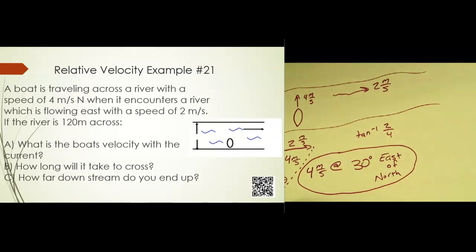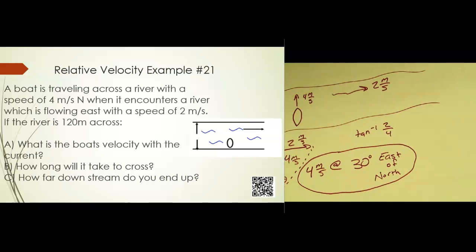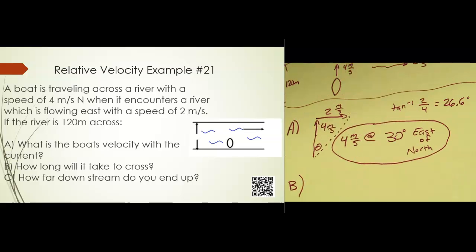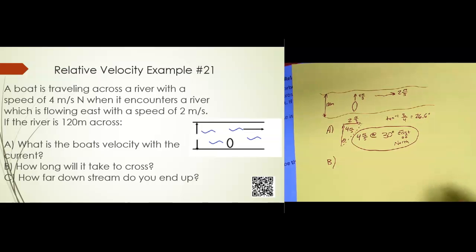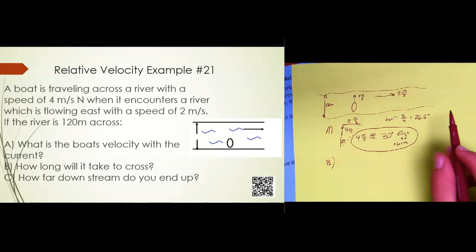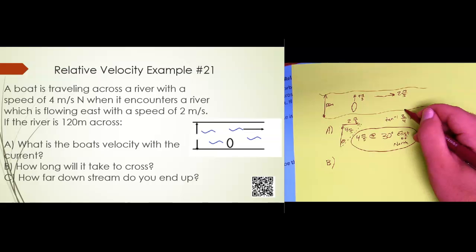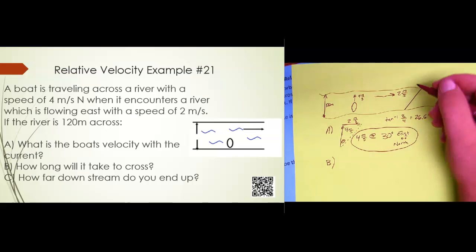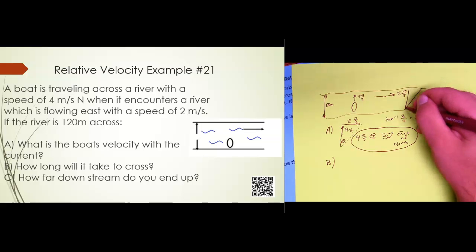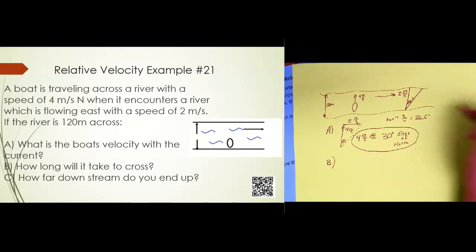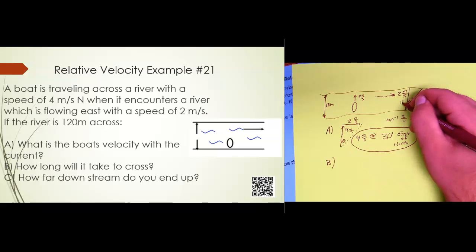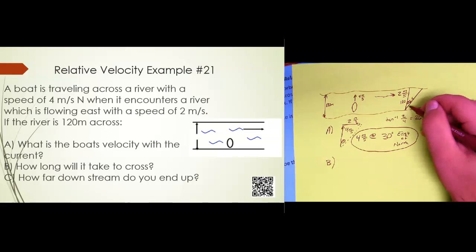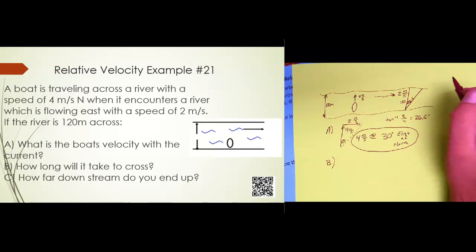Okay, so there's A. For B, what I'm going to do is zoom out so we can see everything real quick. So I'm going to take my actual angle here. So the boat's traveling with the angle of 26 degrees, 26.6 exactly. And if I know that this is 120, I should be able to find this number.